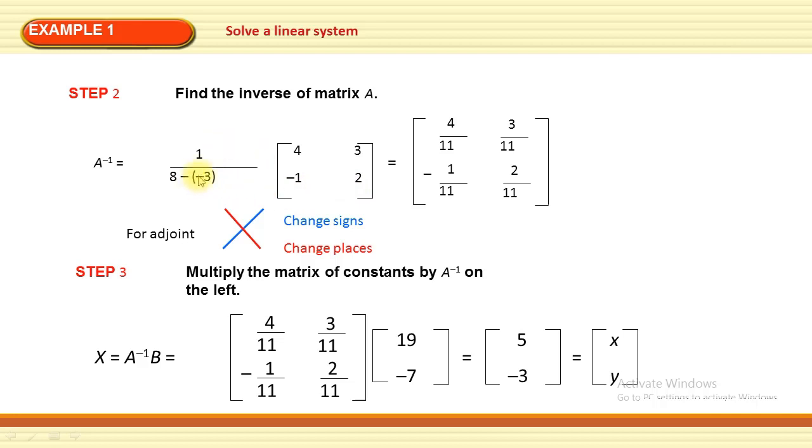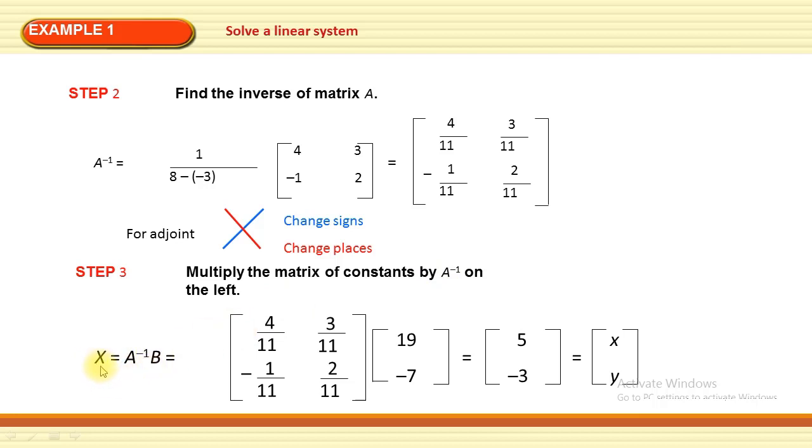Now multiplying 1 over the determinant into the adjoint of the matrix, we obtain the inverse of the matrix: 4 by 11, 3 by 11, minus 1 over 11 and 2 by 11. Now in step 3, multiply the matrix of constants B by A inverse on the left side.